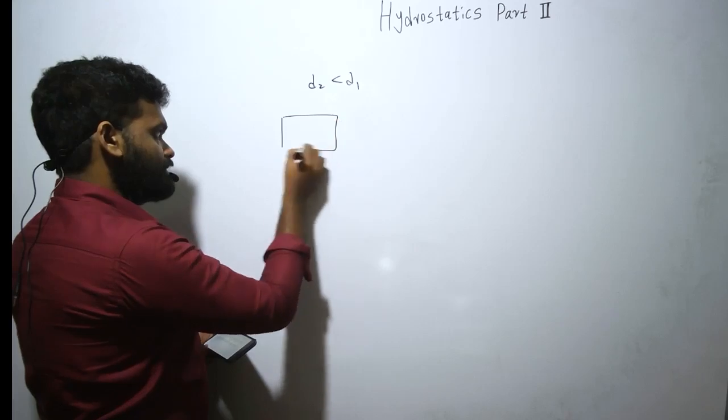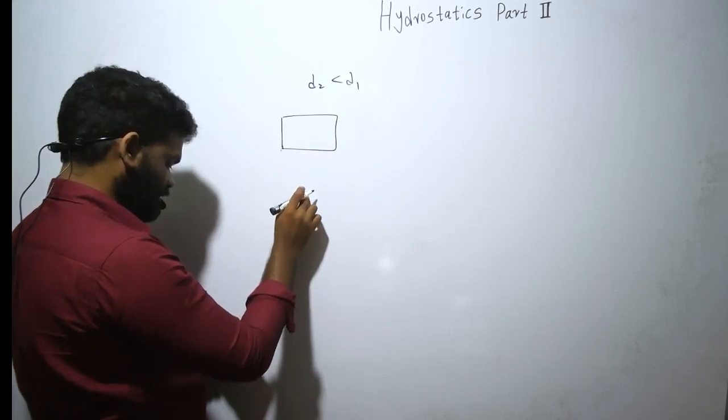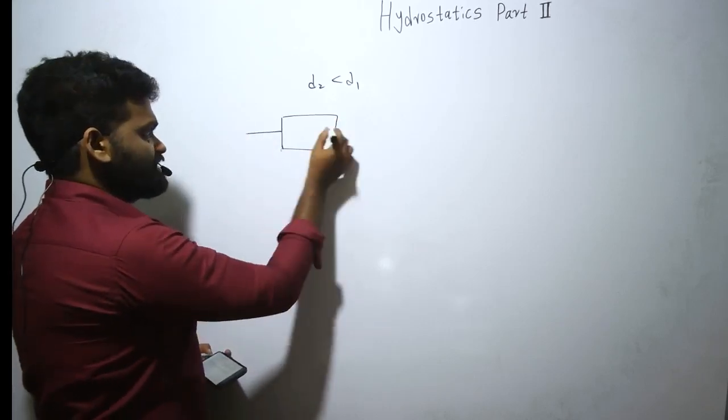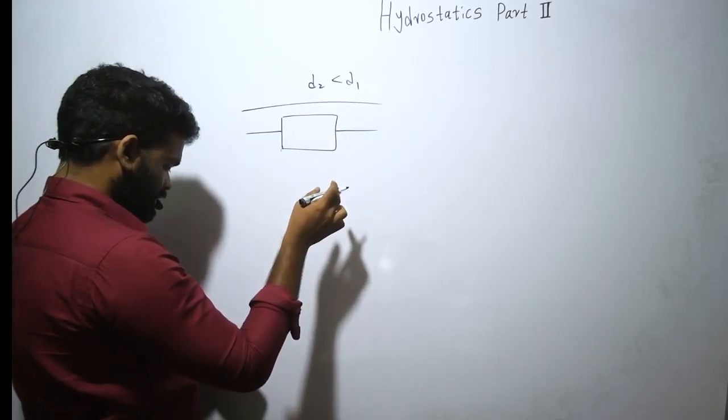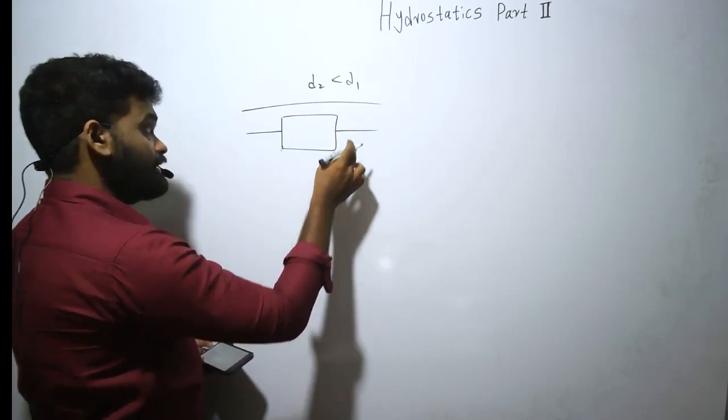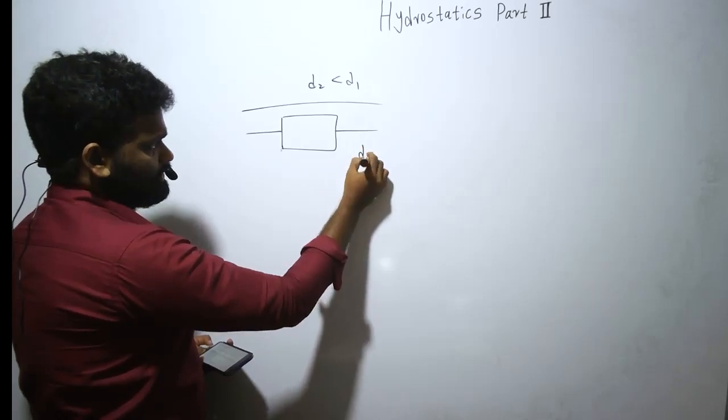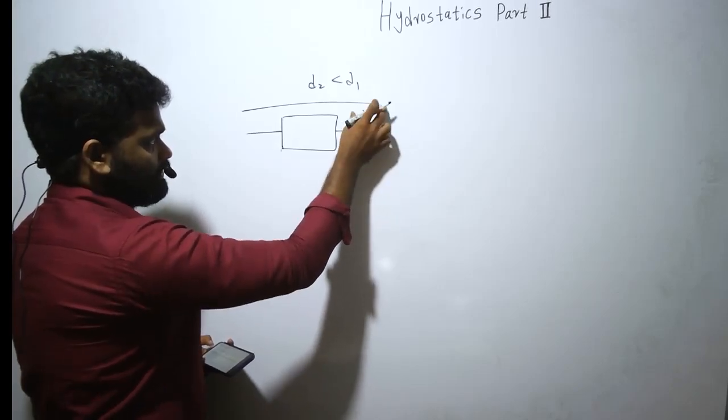Okay, so we have the object with volume V, then two immiscible liquids, right? They don't mix, with densities D1 and D2. So D1 should be at the bottom, then you have D2.